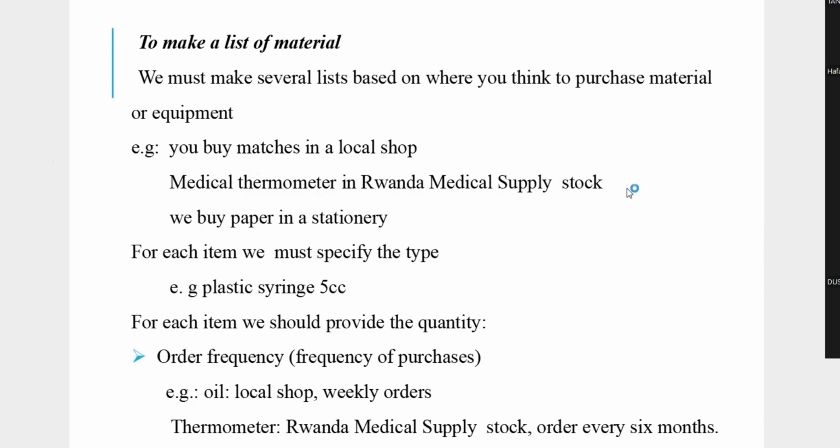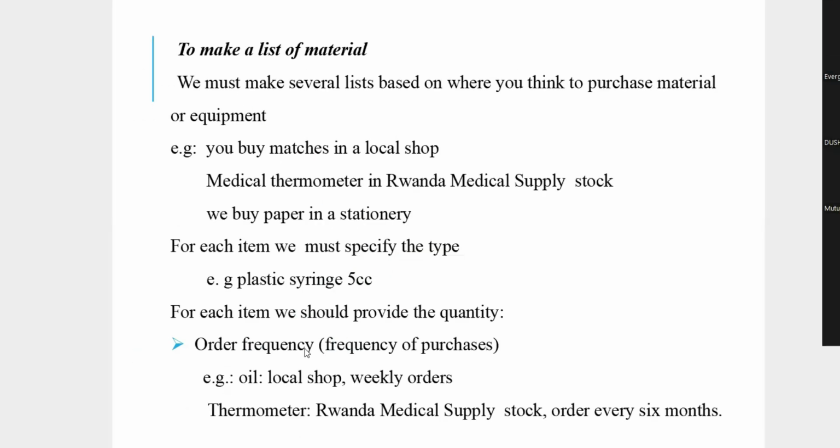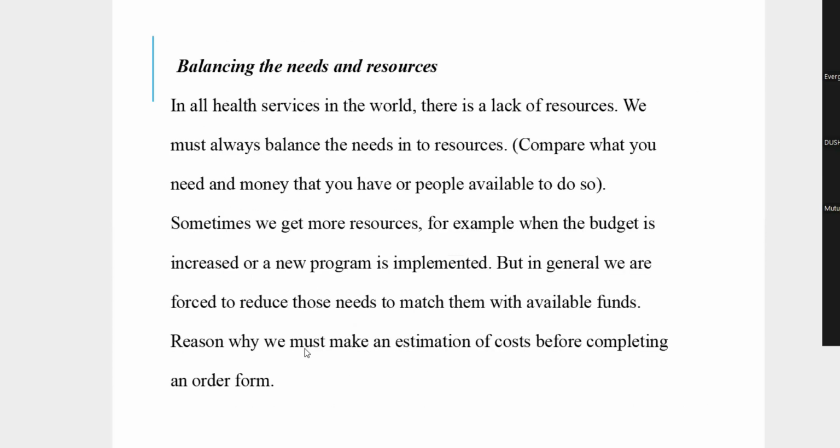For example, plastic syringe of 5 cc or 5 mils. If you don't add these 5 mils, they can be a different size than you need, maybe 2 mils, 10 mils, or 20. If you need a syringe of 20 mils and you order only 5 mils, that is a problem. Also, weekly or monthly or quarterly, you have to determine that. So, balancing the needs and resources.